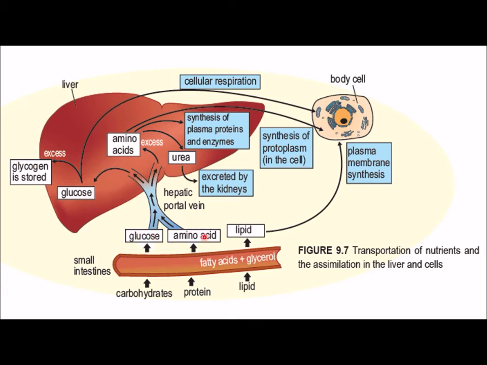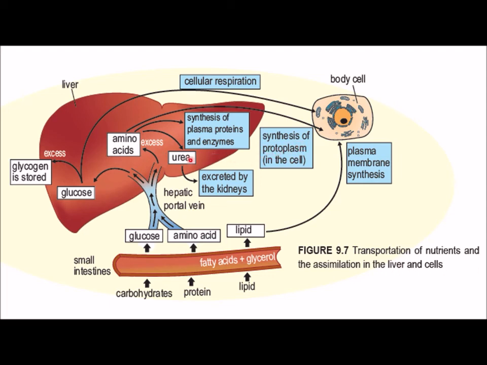And then what will happen to amino acid? Amino acid also, after being absorbed into the blood circulatory system, will be transported into the liver. Amino acid will be used for synthesizing plasma protein and enzyme. Some of it will be used to synthesize protoplasm in the cells.